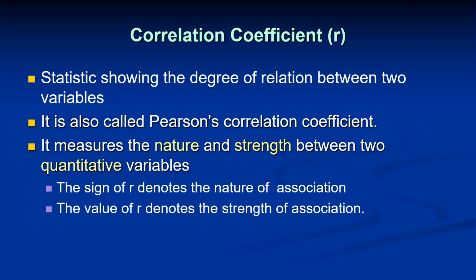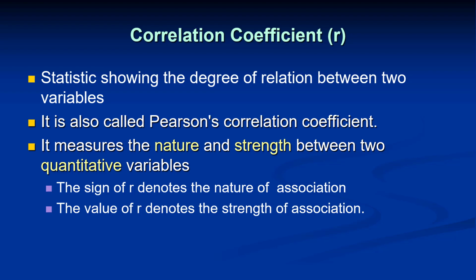The Pearson correlation coefficient R measures the degree of relation between two quantitative variables. The sign of R corresponds to the direction of the relationship. If R is positive, then as one variable increases, the other variable tends to increase.